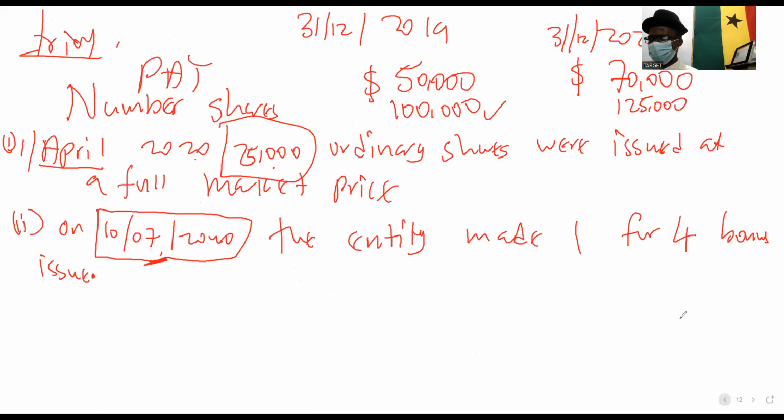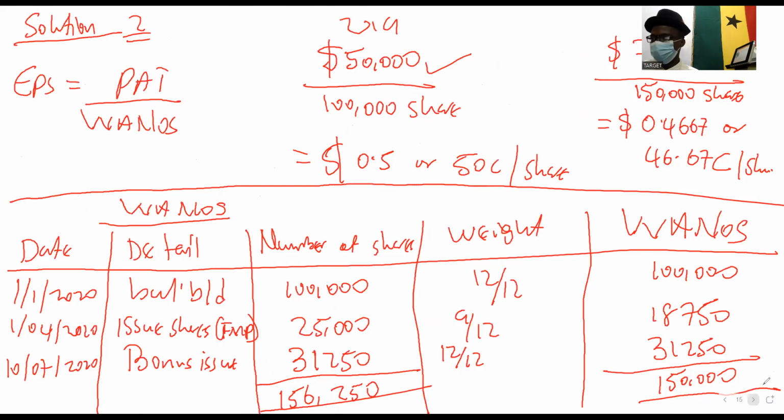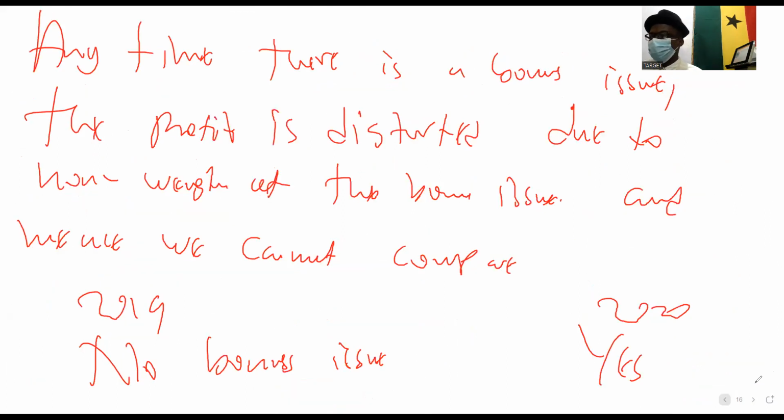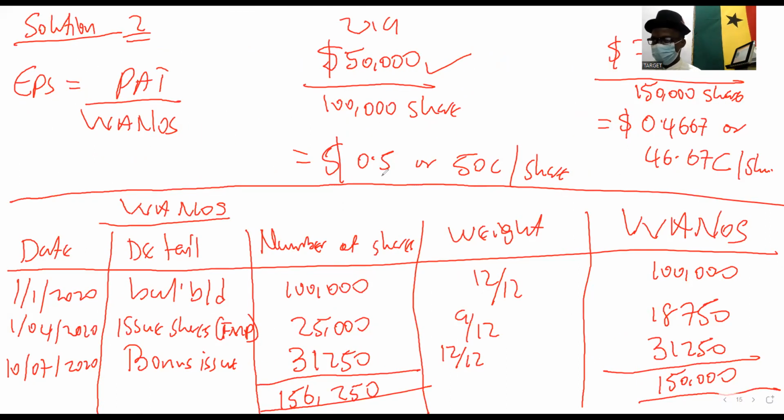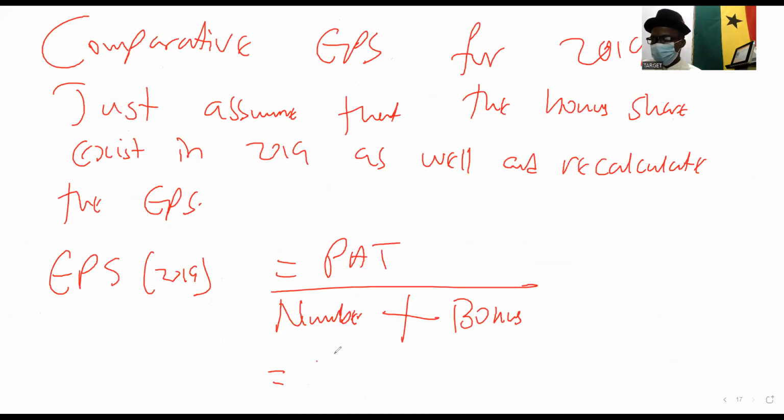Anyone to tell me? 2019 profit after tax is $50,000. Bring it, because that is what it produced, this 50 cents. So that will be $50,000 all divided by the number of shares after 2019, which is 100,000.